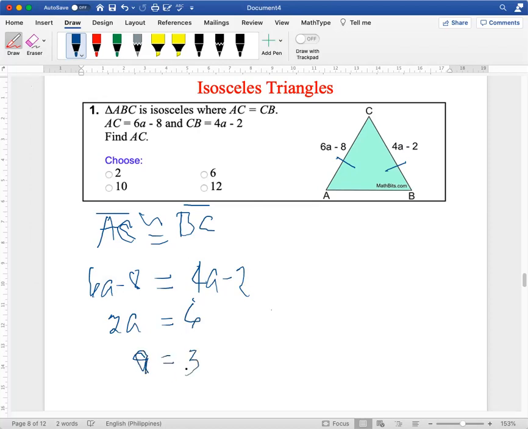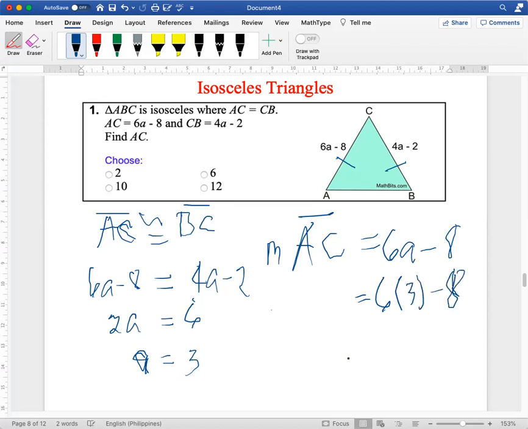So therefore, when A is equal to 3, and we're looking for AC here, we can substitute the value of A here. So the measure of AC is equal to 6A minus 8, and A is equal to 3.